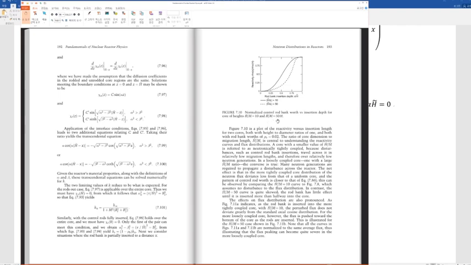And the second one is when the reactor size is much bigger than the first one. I also believe that this H is a typo. It should be deleted here.